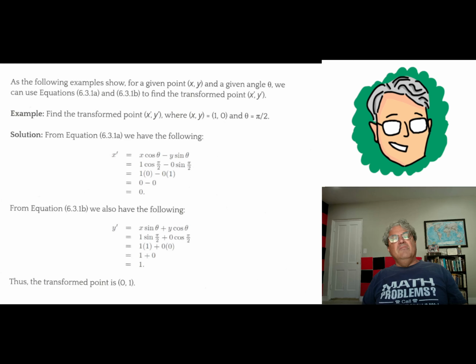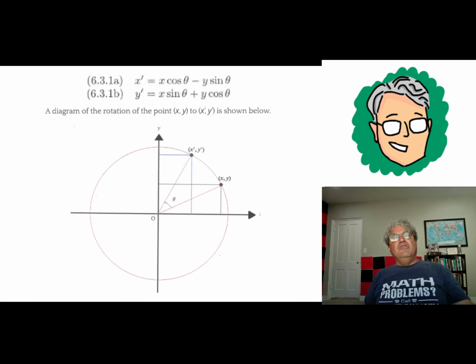Geometrically it's pretty easy to see, because 1 comma 0 is just the point on the x-axis, a distance 1 from the origin. If you rotate that point 90 degrees, it sends that point to the y-axis. So you're going to get the point 0 comma 1.